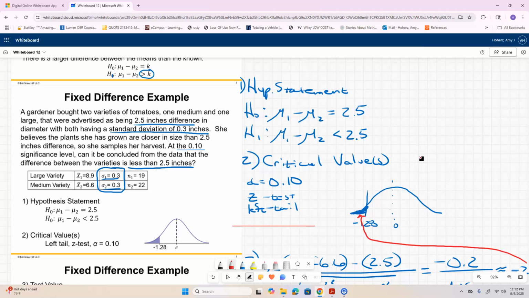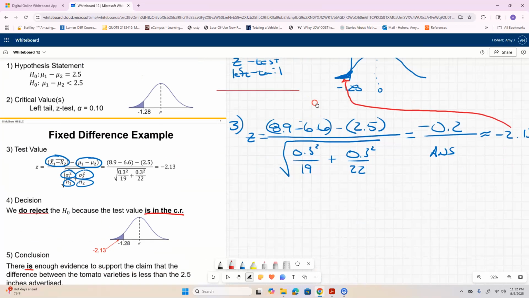They will have their hypothesis statement. They will know what critical values they want, that they're doing a z-test or a t-test, and what tail it is. They'll know that before they do their samples. And then after they do their samples, they can check their test value and make their decision.